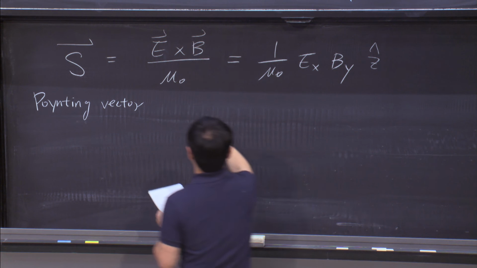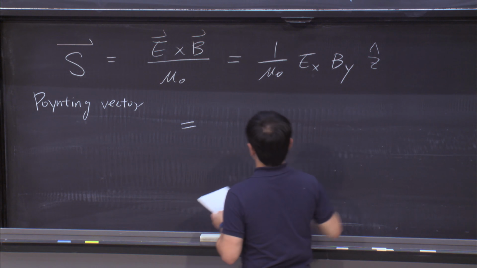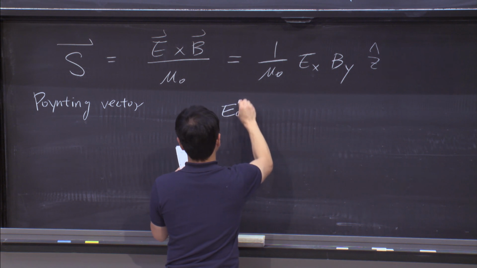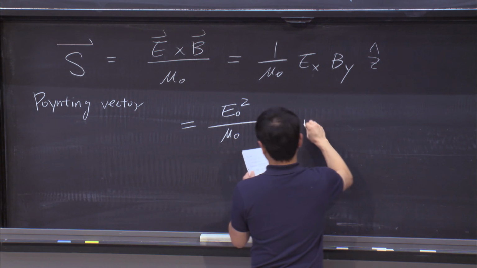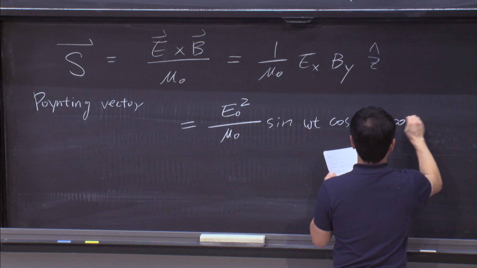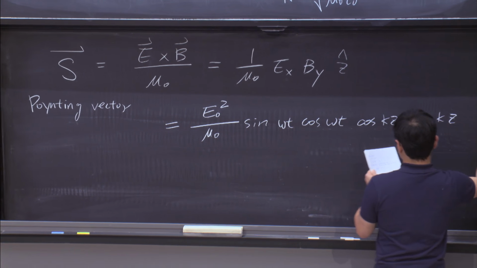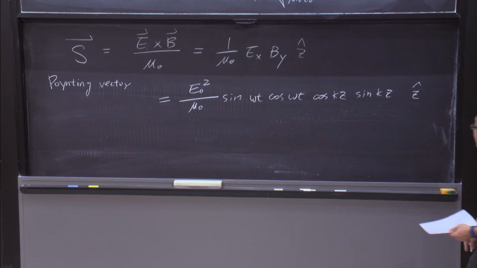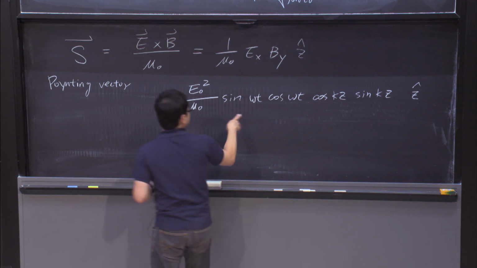Okay, so now I can calculate that. Basically, I have the E and the B, Ex and By. Then I can calculate that would be equal to E0 squared over mu 0, sine omega t cosine omega t, cosine kz sine kz, in the z direction, right? Because I have x cross y, and I'm going to get the z direction, right? Okay, and I can simplify this.